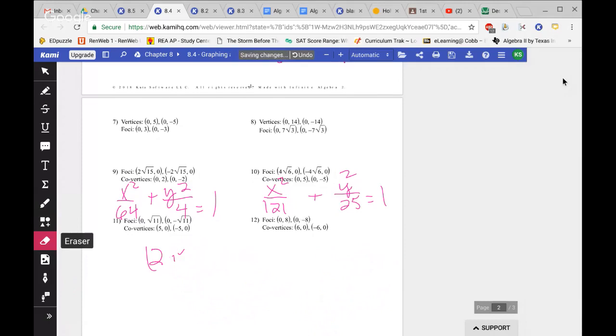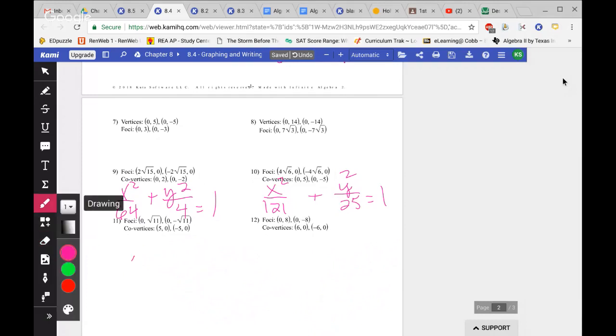Can we just do like number 11, I think? Okay. So we're given the information of the covertice, and it's in the x position. So that tells me that I've got x squared over 25 plus y squared equals 1.